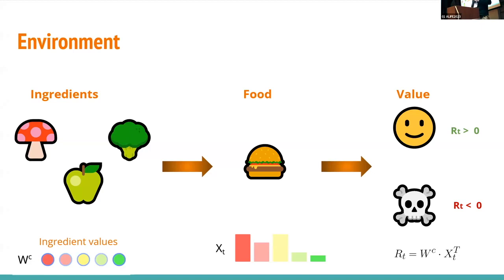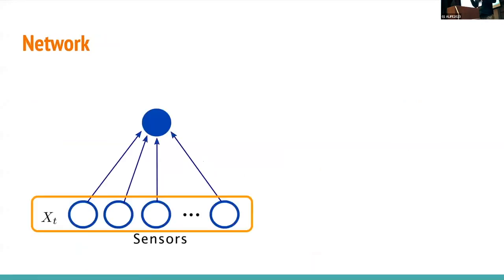And we create little agents that have to learn this distribution and have to recognize what to eat and what not to eat. So we think of little networks which have a bunch of sensors. Each sensor senses one ingredient. At each step, we present a food item. Each sensor senses the quantity of its own ingredient in this food item.